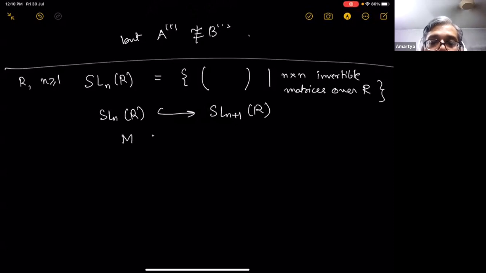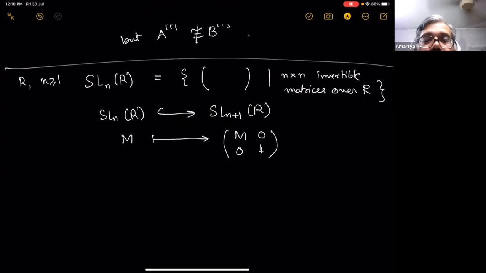What will you do? We will take a matrix M and send it to M, 0, 0, and in the last entry you just add 1. So this is a natural way where we can think of SL_n(R) as contained in SL_{n+1}(R).